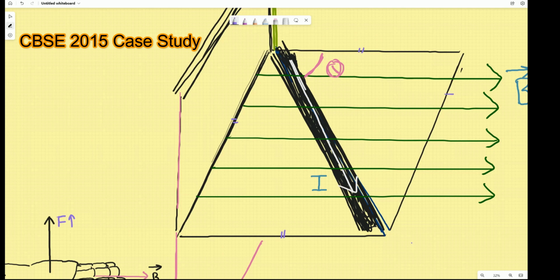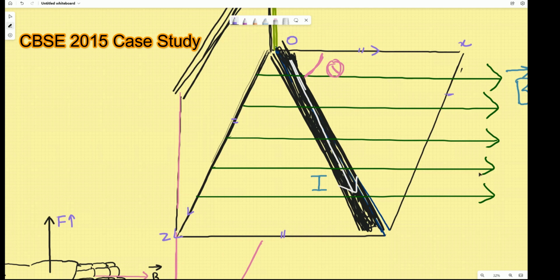Now this could be an XY plane and this could be your origin. This could be your X-axis, and this could be maybe your Z-axis, which is coming outside the paper. And the magnetic field is in the XZ plane.